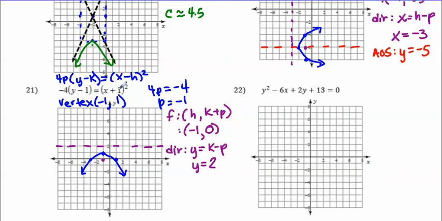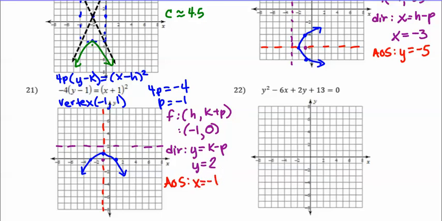The x is squared, so it's going to open up or down, and because of the negative here, it actually ends up opening down. The last thing you're going to want is your axis of symmetry, which cuts your parabola in half. So I'm going to draw it right here. It's a line of symmetry for the parabola, and my axis of symmetry is going to be x equals -1.